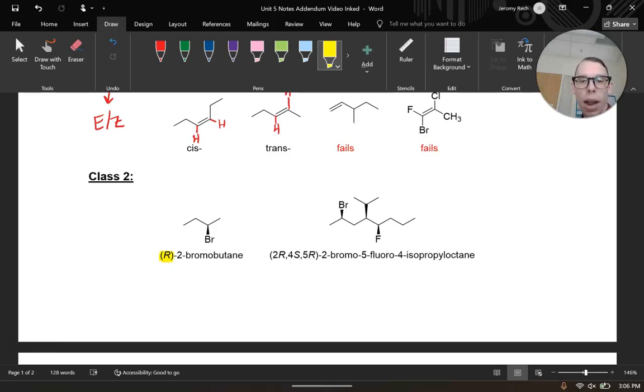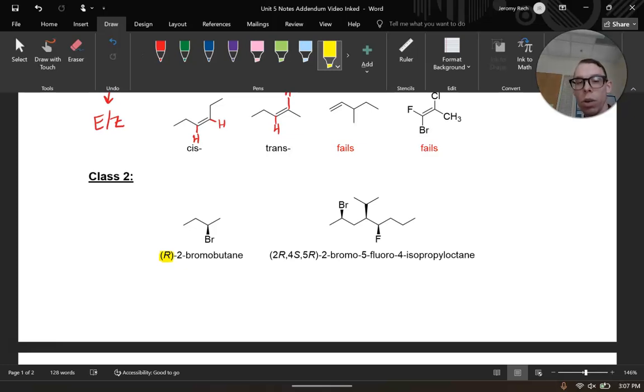If you have multiple chiral centers, so for example, in the second one, where we have 2-bromo, 5-fluoro, 4-isopropyl octane, all of those, the bromo, the isopropyl, and the fluoro, all have chirality associated with them. So therefore, we actually need to know which one is R and which one is S. And for that, we write them all in order, starting with the lowest locant to the highest locant.